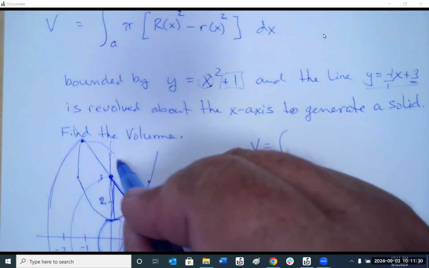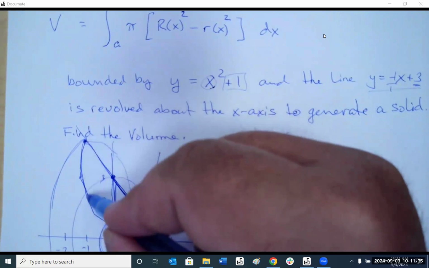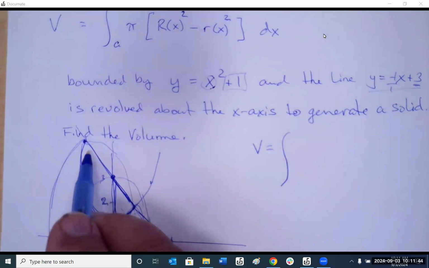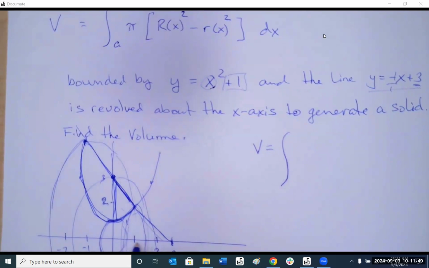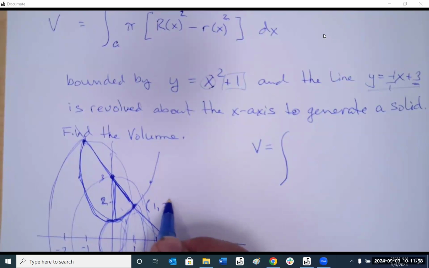Our bound of integration could be this big picture right here, since it doesn't specify only the first quadrant. Where is this intercept? We know this one here is at 1, 2. Where do the two graphs cross?